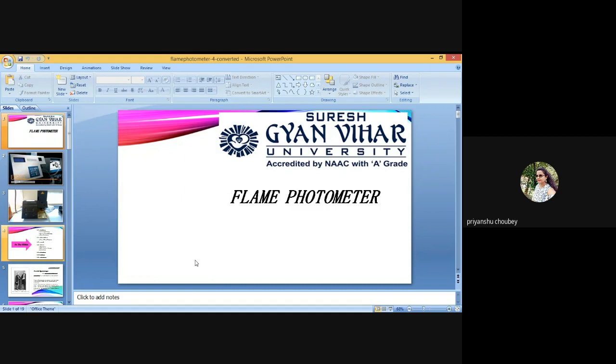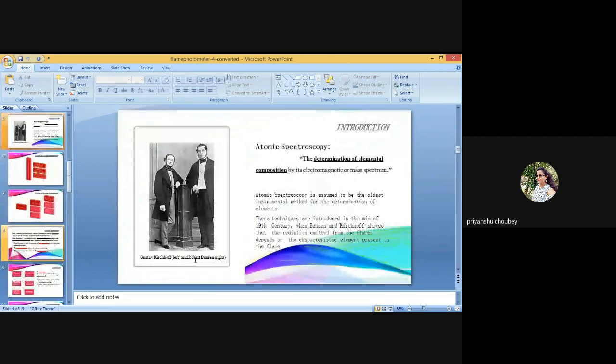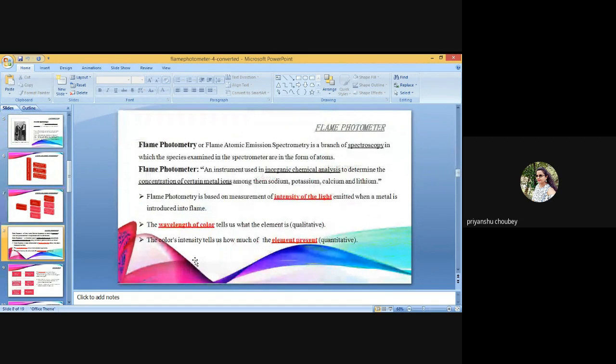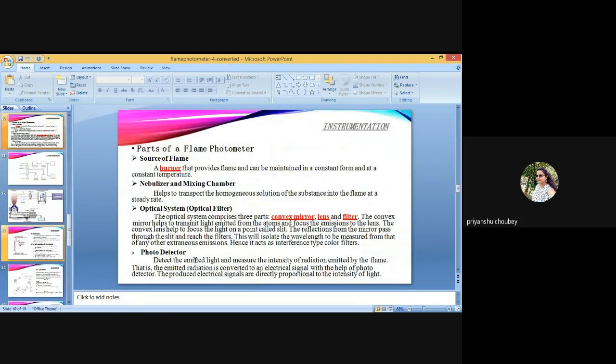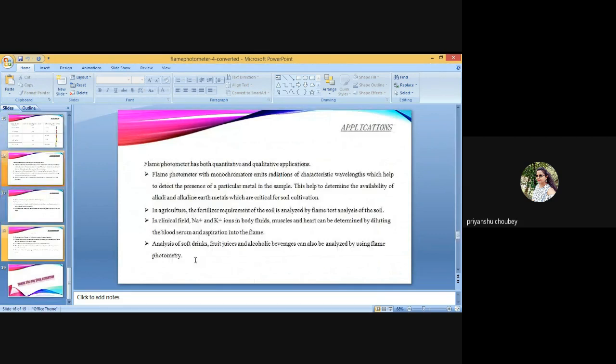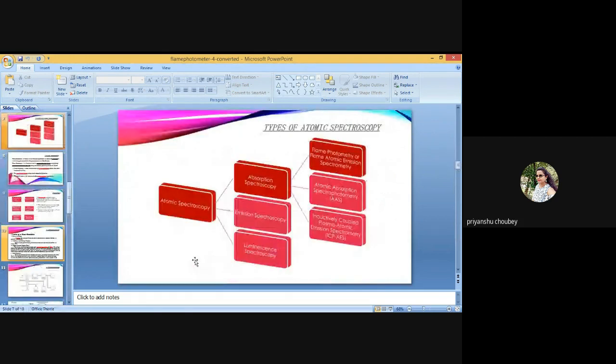Matrix problems are eliminated or minimized through the use of high temperature argon plasma. ICP-AES has multi-element capability at all concentration levels.